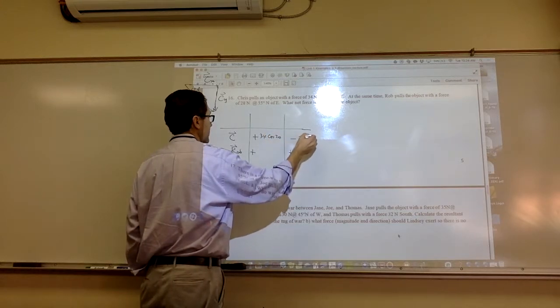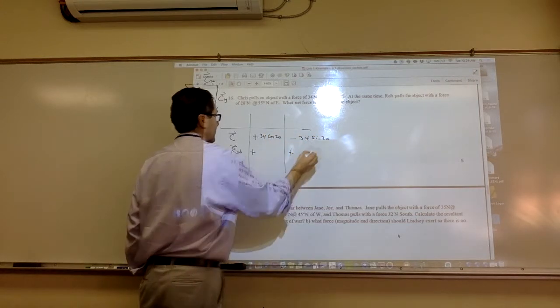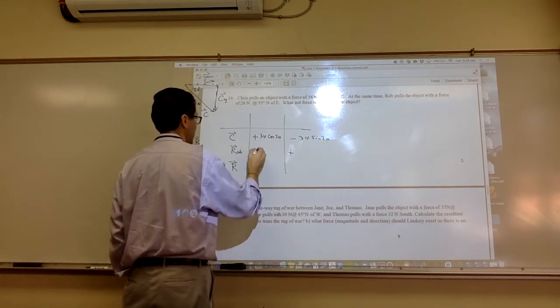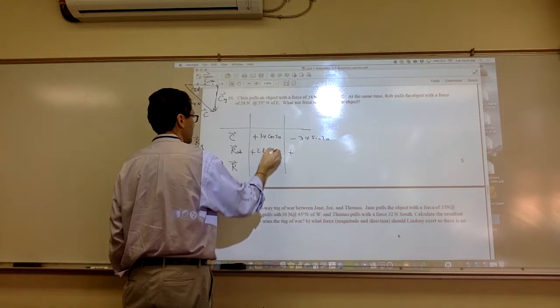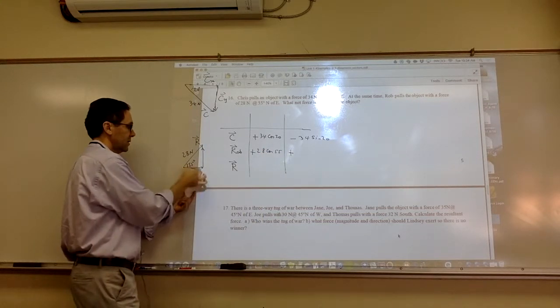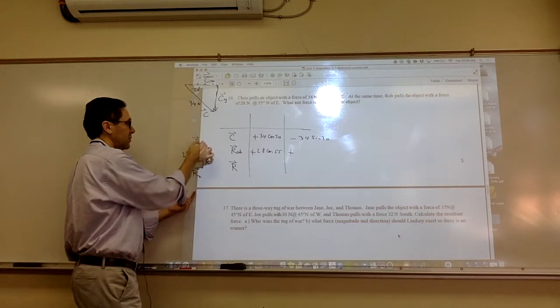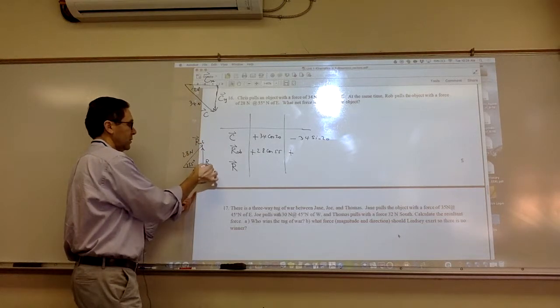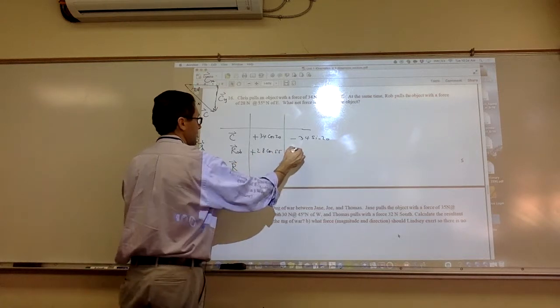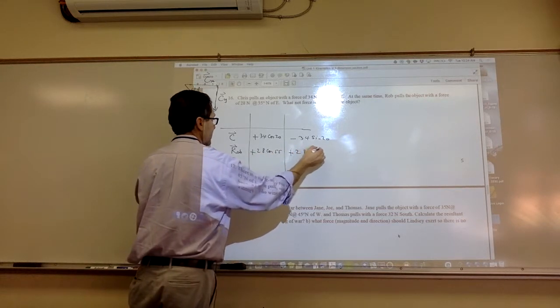And 34 sine of 20. And for Rob, it's going to be 28 cosine of 55. This one is Rx. And this is Rob Y, which is going to be 28 sine of 55.